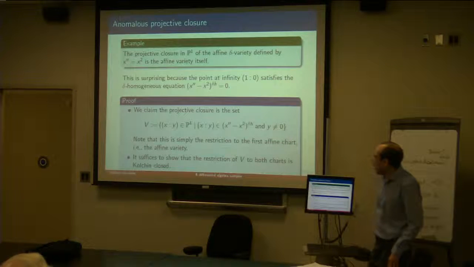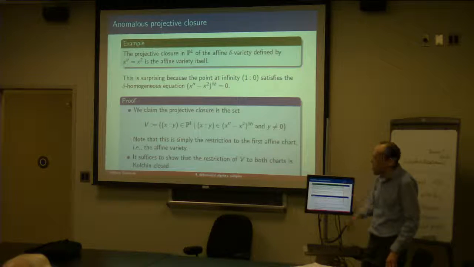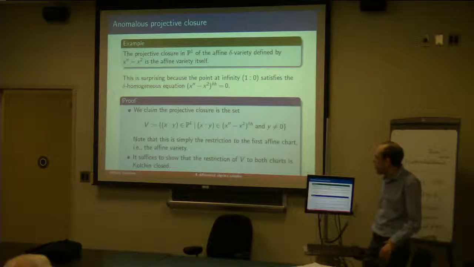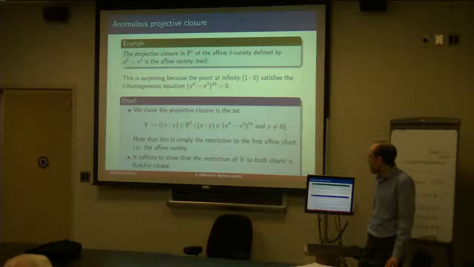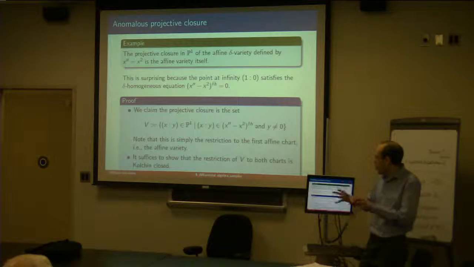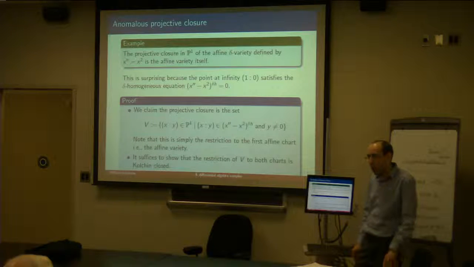So it's convenient to write it out in this form, claiming that the projective closure is this set V. We're going to go up, homogenize, and then cut out the point y equals 0, this second variable. That's just another way of writing the restriction to the first affine chart. The basic idea is to show that the intersection of V with each of the two standard affine charts of P1 is closed in the affine closure topology there.